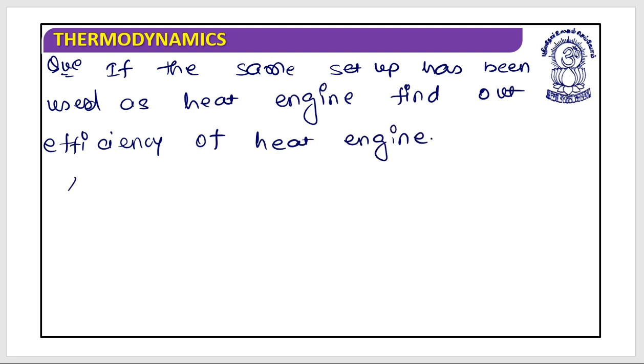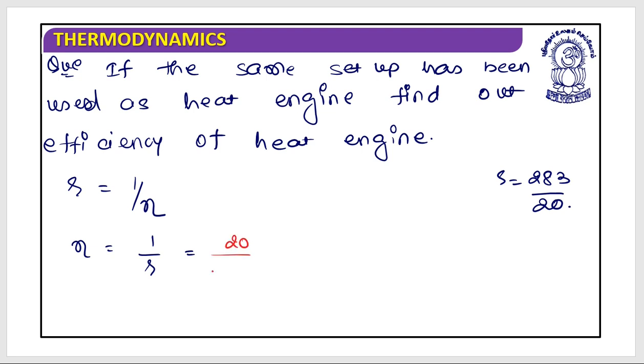So what we know is r is equal to 1 by eta, and from this eta is equal to 1 by r. Our r was 283 by 20. So according to this, 1 by r is equal to 20 by 283.